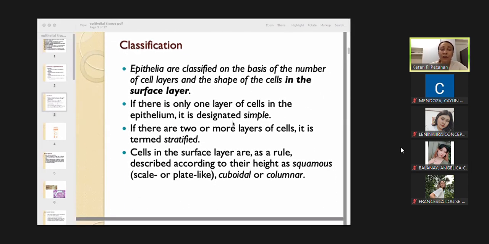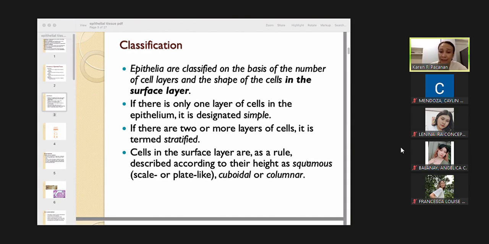In naming or in classifying epithelial tissue, the two bases would be the number of cell layers and the shape of the cell. So if it is only made up of one layer, then we classify it as simple. If it is two or more, then we classify it as stratified. And then we just observe the shape of the cells.